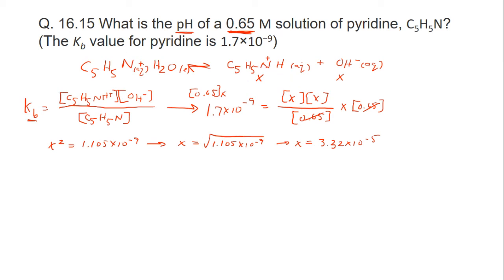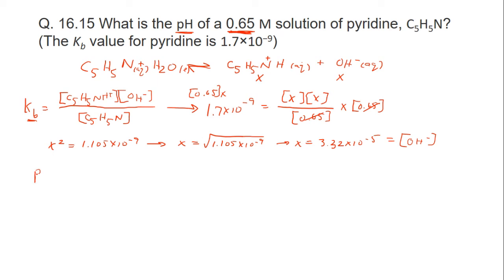X was pyridinium and hydroxide. So that X equals the concentration of hydroxide and pyridinium, but it's really just the hydroxide we're interested in. And so now we know the concentration of hydroxide. Again, there's one or two ways we can calculate this, and I'm just going to show you one of the multiple ways, so don't be alarmed if you found the answer going a different route.